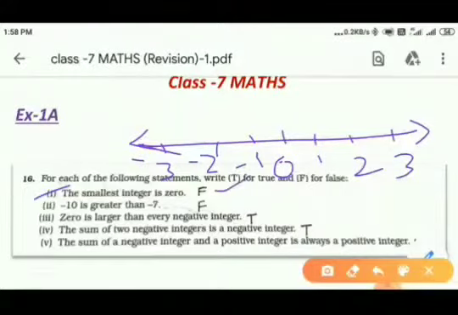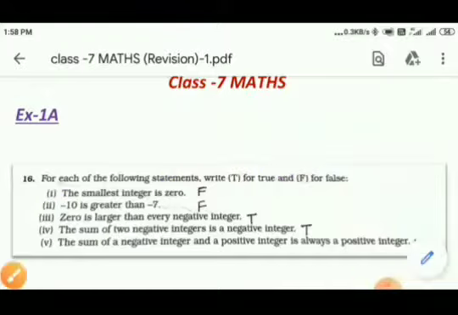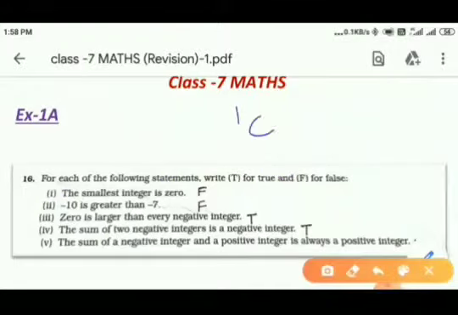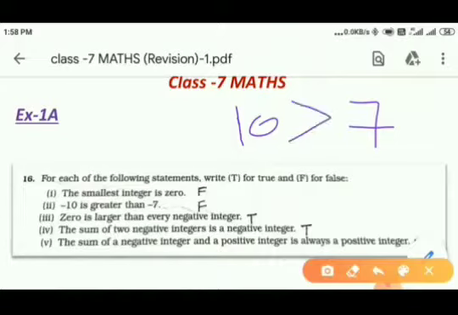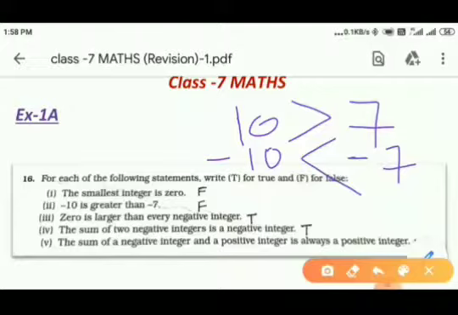The second is minus 10 is greater than minus 7. Let's try to understand this one. We have 10 and 7, and we all know that 10 is greater than 7. Now if I include the negative sign, negative 10 and negative 7, it means negative 10 will be less than negative 7.